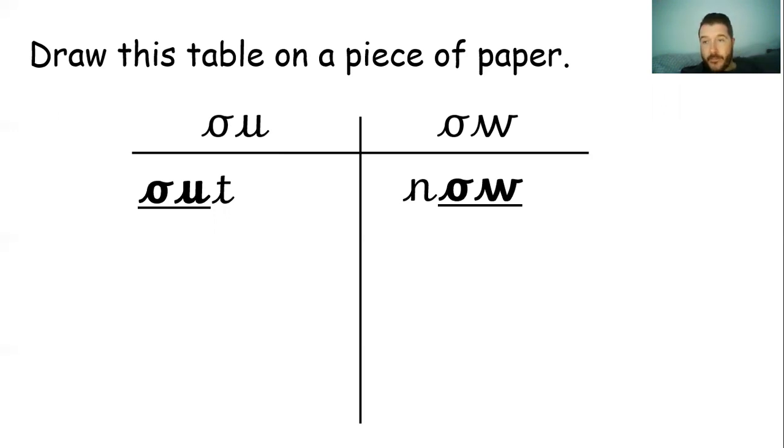Shout. Remember the rule. If it's in the middle, it's usually OU unless it rhymes with towel or down. So shout. Does that rhyme with down? Does that rhyme with towel?